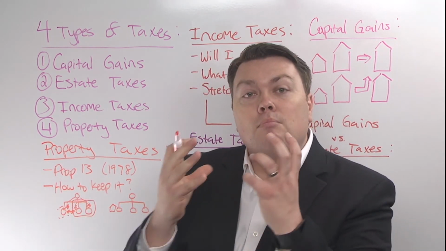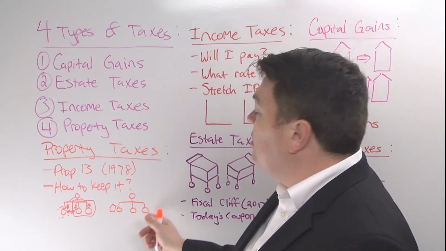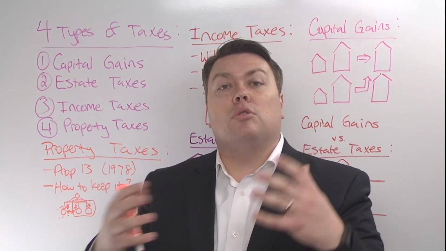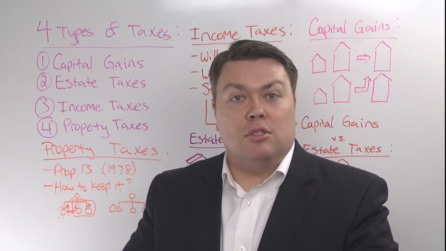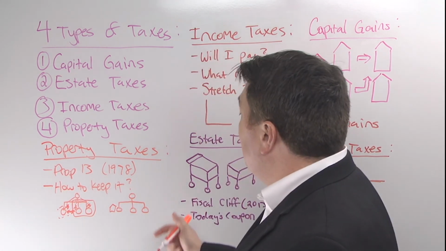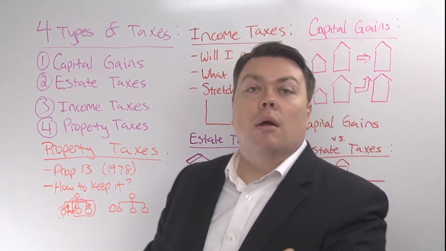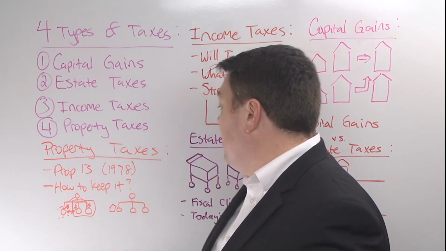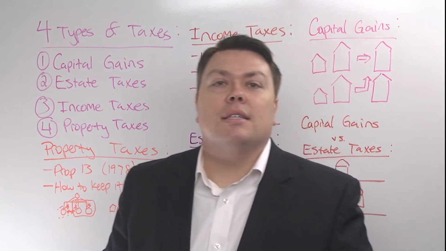So if we pass more of our property through that trust, and we create terms in that trust that say we can distribute the assets in any manner we like as long as it's an equal distribution overall, then we can ensure that our children receive the same property tax rate that we had on our property.